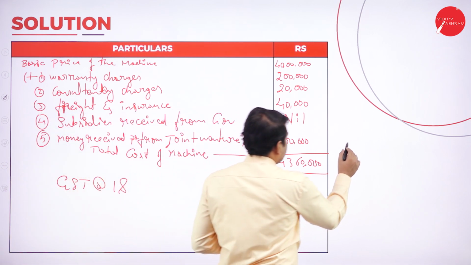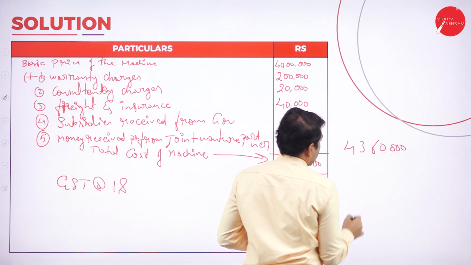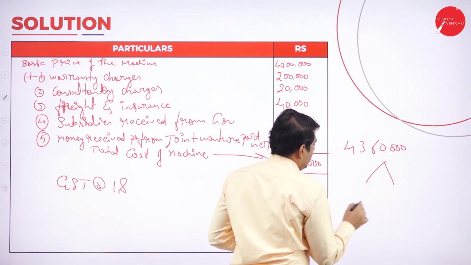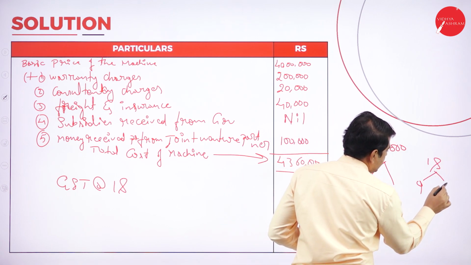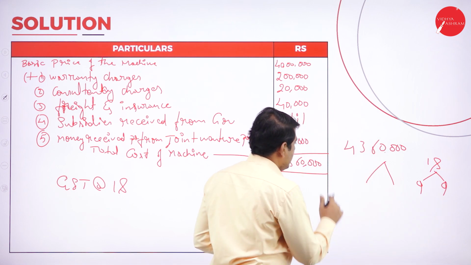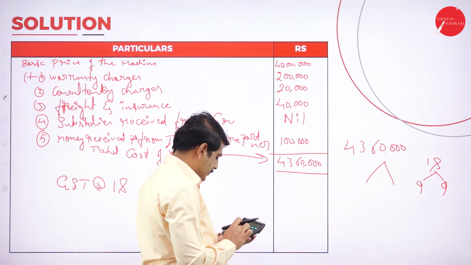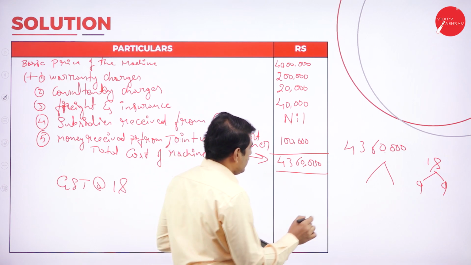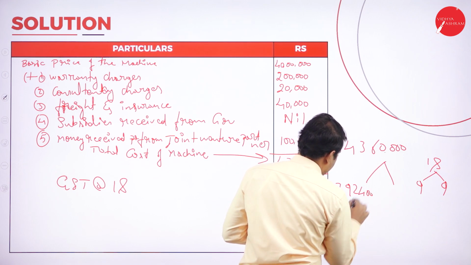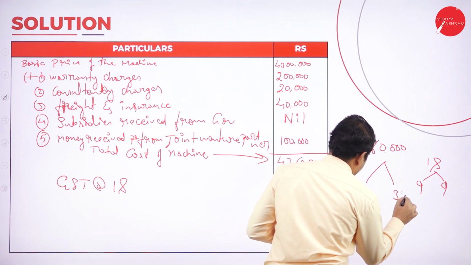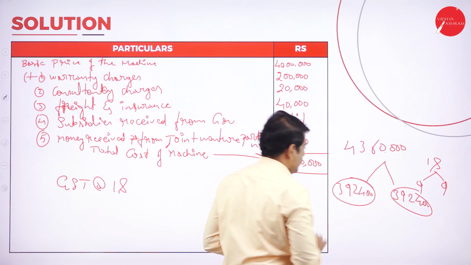See here, 43 lakh 60,000, out of 18%, 9% is the CGST, 9% is the SGST. So let's calculate. It is 3,92,400 is the CGST. Again 3,92,400 is the SGST.